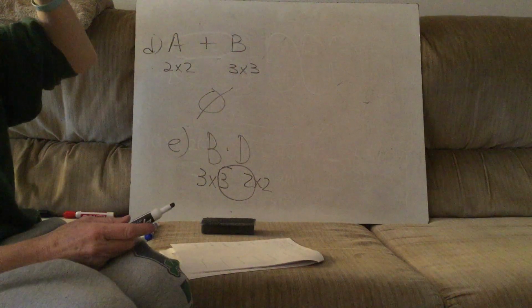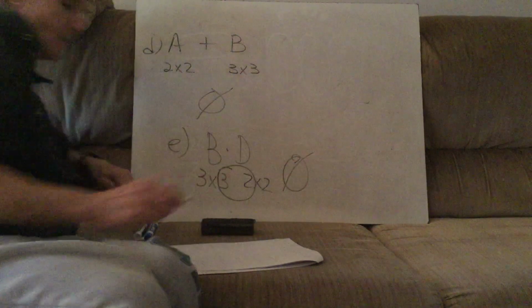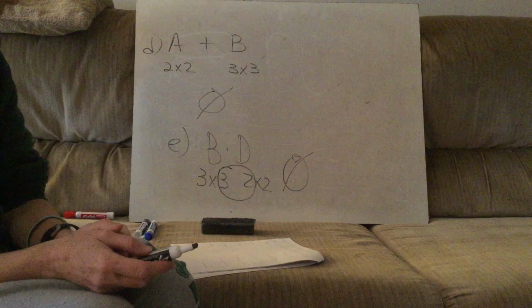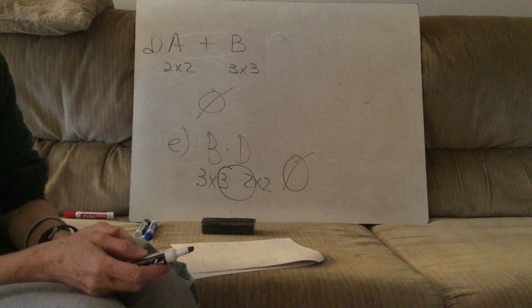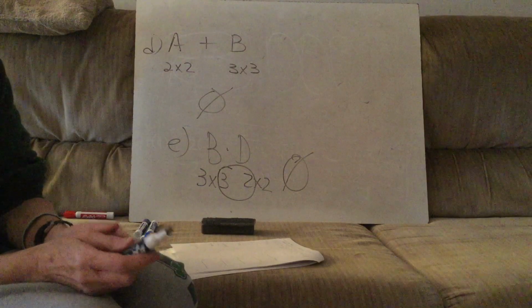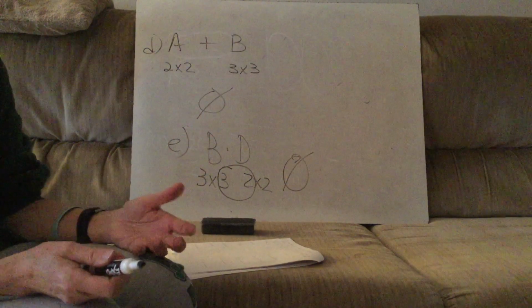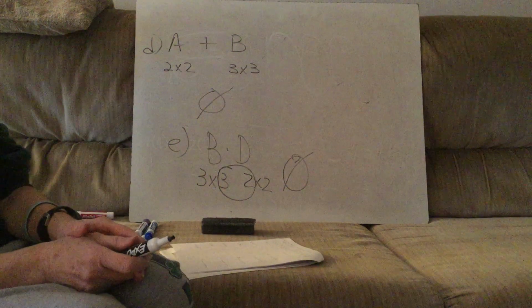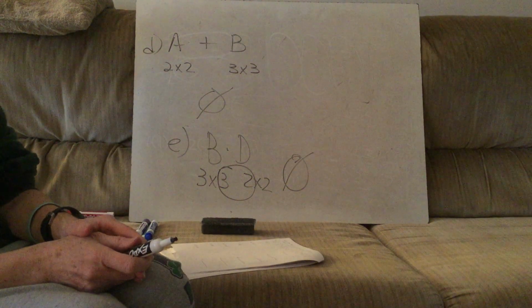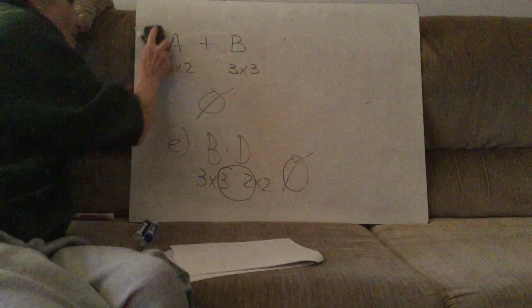They don't match, so E is also an empty set. Don't be alarmed. Empty sets happen a lot in matrix land because the rules are so specific about who can be added, who can be multiplied, whatever. So D and E are both impossible problems.